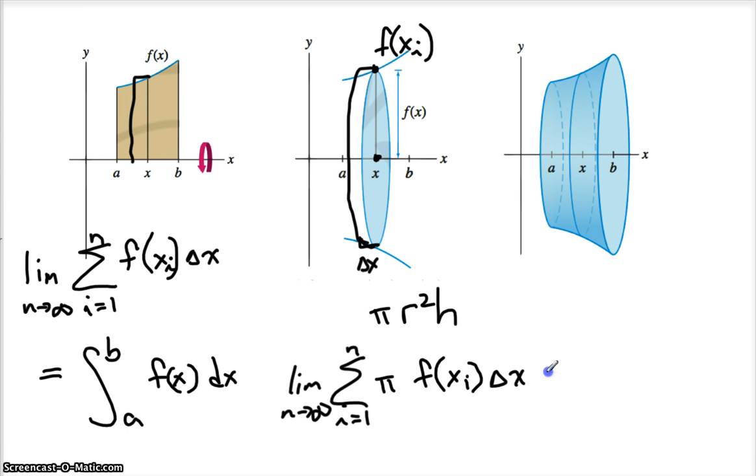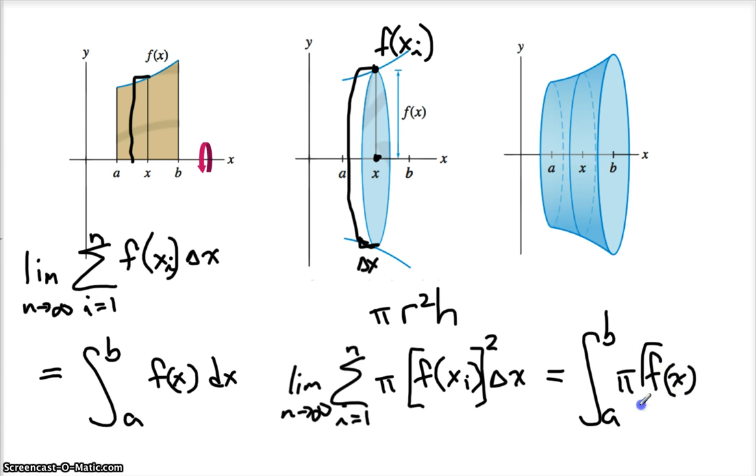So we do have a notation for this. So it looks like this, right? For a to b. And, oh, there's a mistake here. This should be squared. I forgot to square it. That's very important. So pi f of x squared. And you can easily forget that, just as I did there.